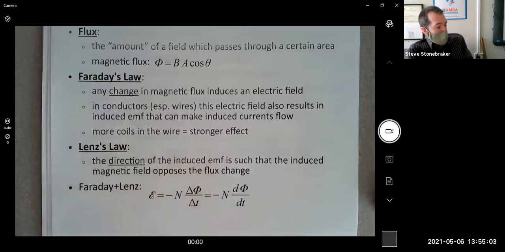So if I have a magnetic field that points up and it's getting stronger and stronger, the induced current is going to make a field that points down to try to oppose that. If the magnetic field points up but is getting weaker, then the induced magnetic field is going to point up to try to oppose that, to try to re-strengthen the field. It's an opposition to change, basically.